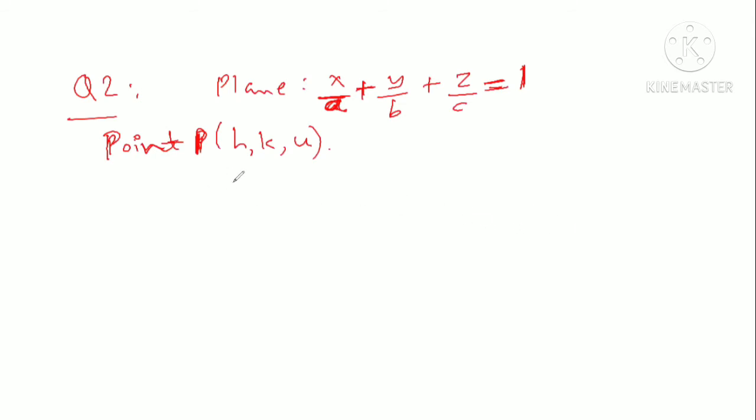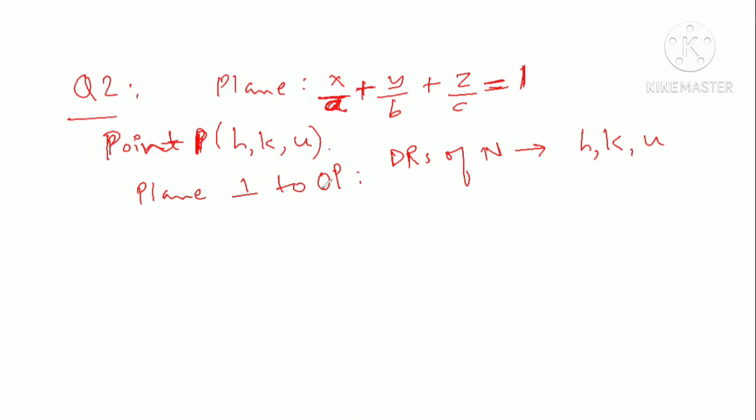Now if we have to draw another plane, he's saying the plane through P perpendicular to OP. So for the plane which is perpendicular to OP, the direction ratios of the normal of this plane will be h, k and u.